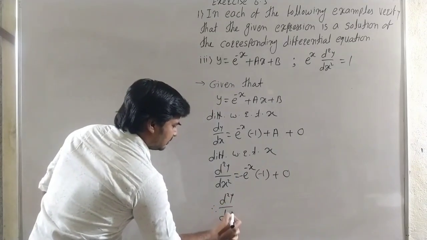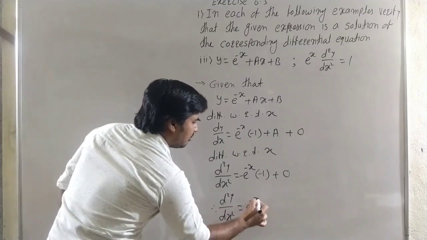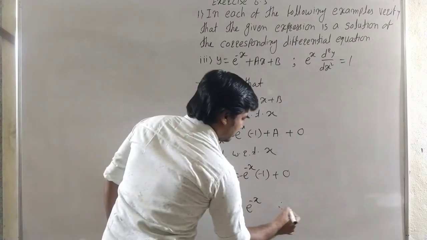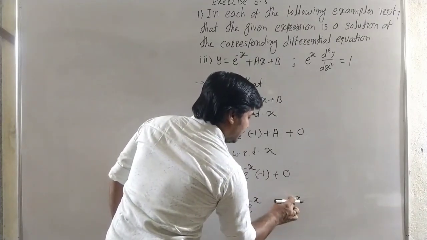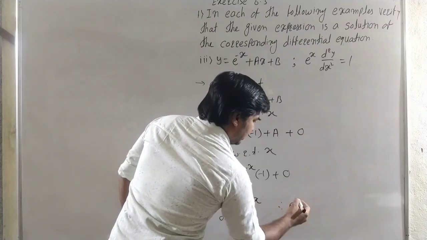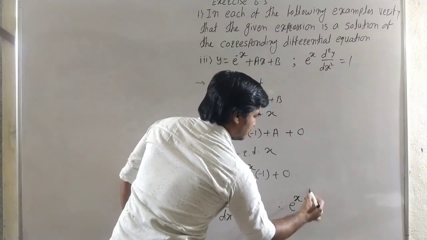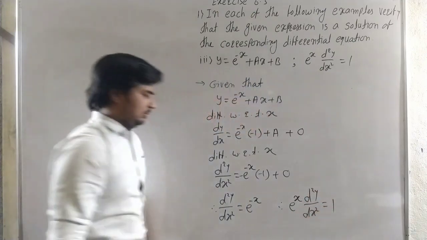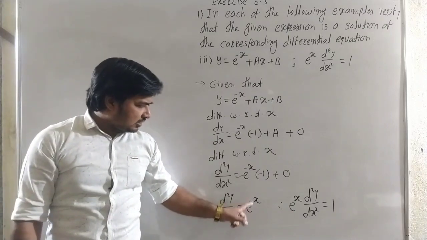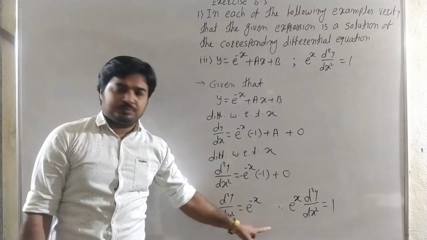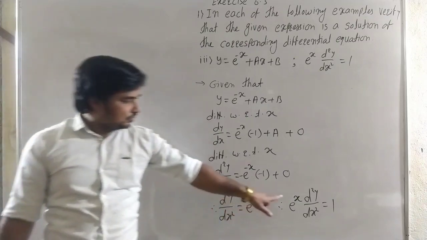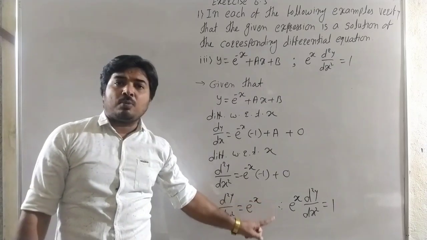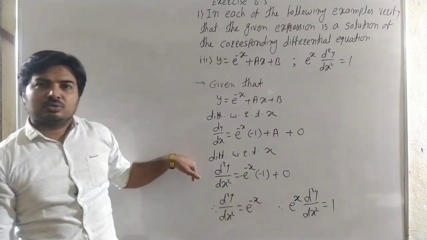Therefore we can write d2y by dx2 is equal to e to the power minus x. Then e to the power minus x we can write 1 upon e to the power x, and this e to the power x we take to the LHS.